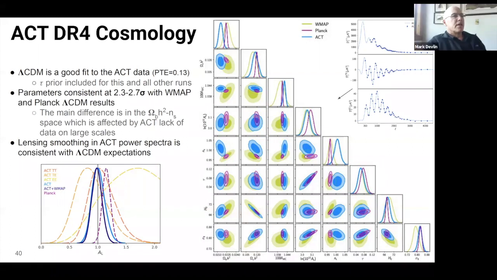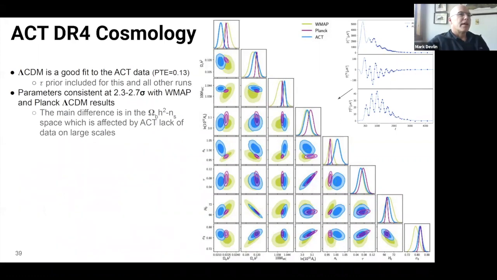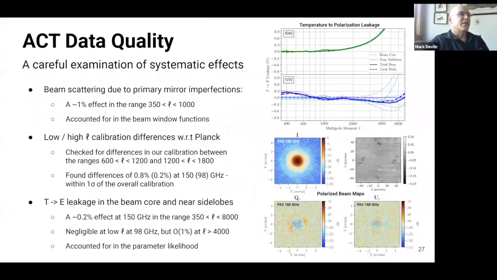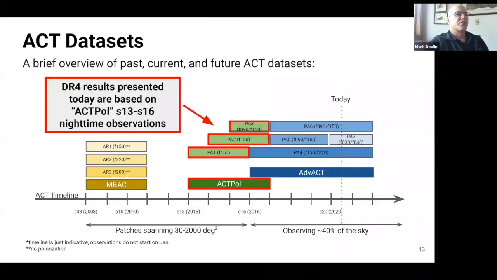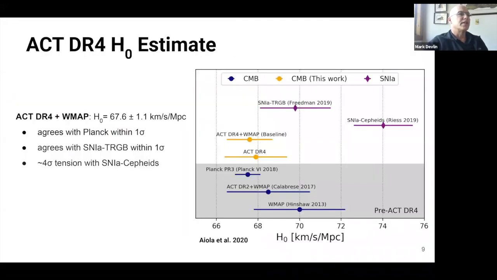Okay. This question is for Simone. James, could you flip to slide 9? Can you help motivate why the ACT DR4 plus WMAP value for H0 does not lie between the individual constraints from ACT DR4 and WMAP? Basically, the mean values don't add up. Sure. I should point out that when we look at a single parameter, this is a very skewed view.